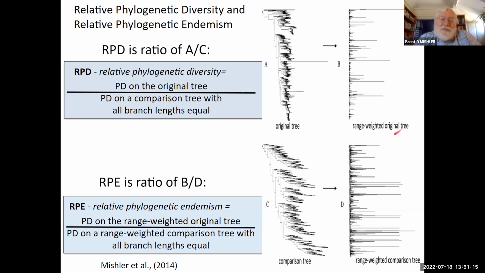And then C is the comparison tree with all equal branch lengths. And then D is what that tree looks like range weighted. So when I show you RPD, it's going to be comparing upper left to upper right. When I show you RPE, it's going to be comparing lower left to lower right. Next slide.